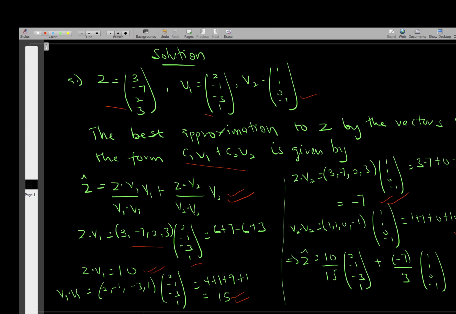So we can substitute our values into this formula. Our z hat is given by z dot v1, which is 10, over v1 dot v1, which is 15, multiplied by v1. Z dot v2 is negative 7, then v2 dot v2 is 3, so we have this one.